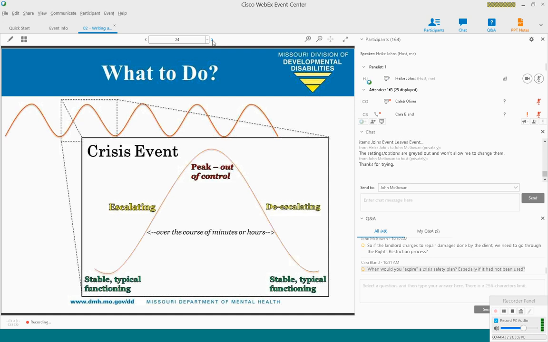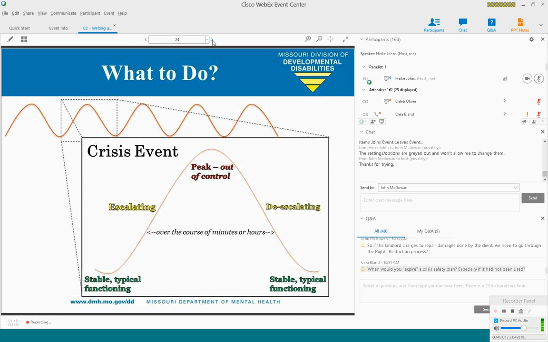And when things have gone to the peak, so that's the top of the graphic, this is when things are out of control. So we want to avoid these situations as much as possible because there's nothing we can do except maintain the immediate safety of everybody involved until the person starts to come down and starts to de-escalate and gives us an opportunity to start working with them again.